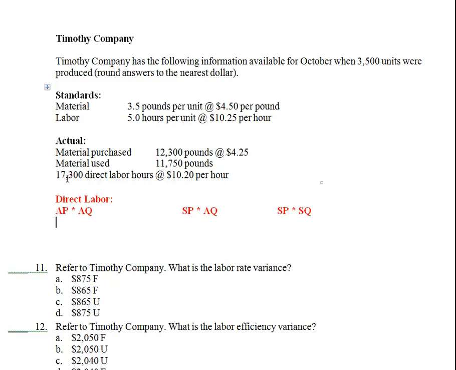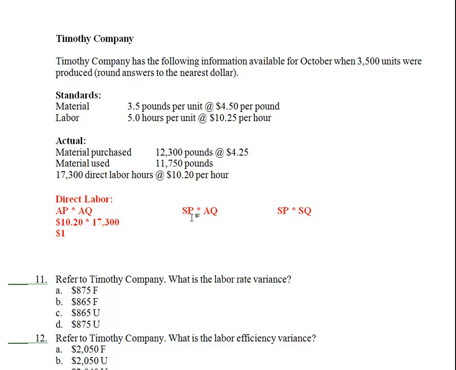It tells us that for the labor, it says 17,300 direct labor hours at $10.20, so that's your actual information for labor. So your actual price is $10.20 an hour. Your actual quantity is 17,300. So multiply that out, and that is giving me 176,460.